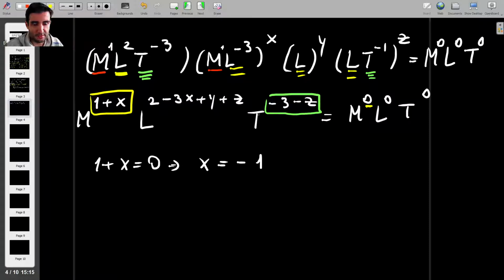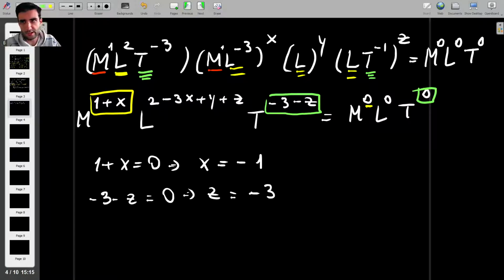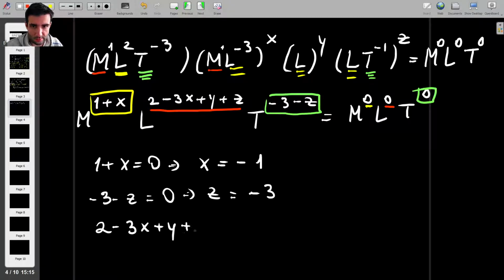So minus 3 minus z is equal to 0, which means that z is equal to minus 3. And we only have this one left, so this one has to equal this. So that's 2 minus 3x plus y plus z equals 0.